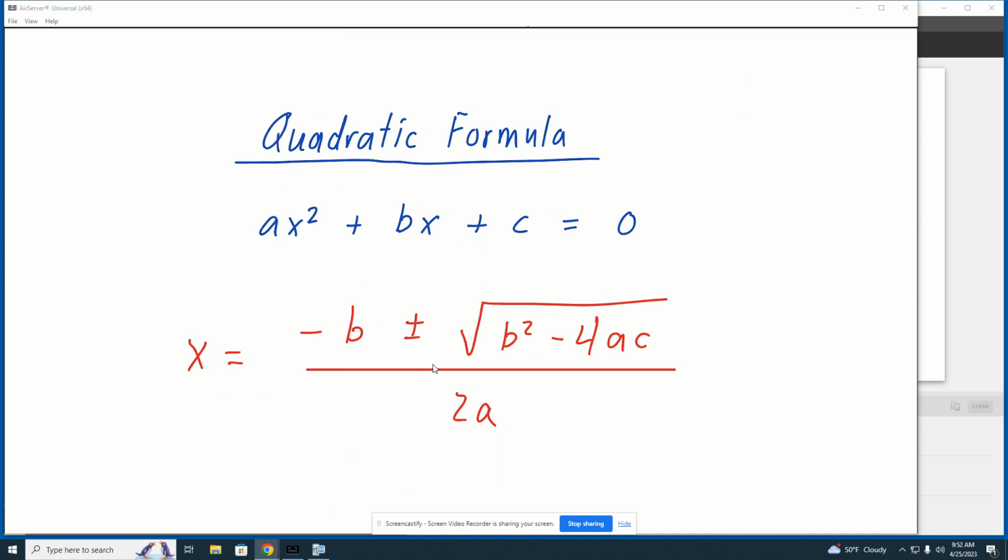Remember, you use the quadratic formula when you have a quadratic equation. Your x squared coefficient is a, your x coefficient is b, and your constant is what we call c. And I plug it directly into the equation. Philip, you with me? Negative b plus or minus the square root of b squared minus 4ac divided by 2a.